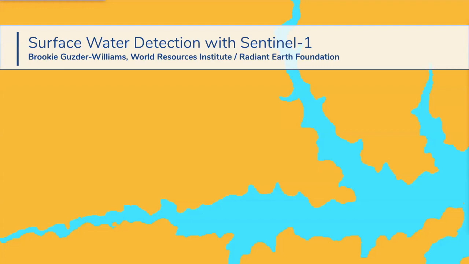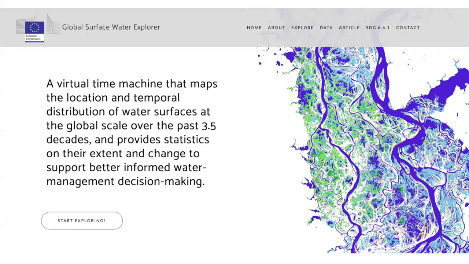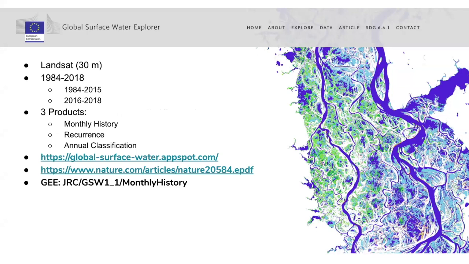So we're talking about surface water detection, Q animation with Sentinel-1. So if you're interested in where water is and has been on the planet, there's a great product out there, the Global Surface Water from European Union's Joint Research Commission. What is it? It's a Landsat-based product. They have data from 1984 to 2018.